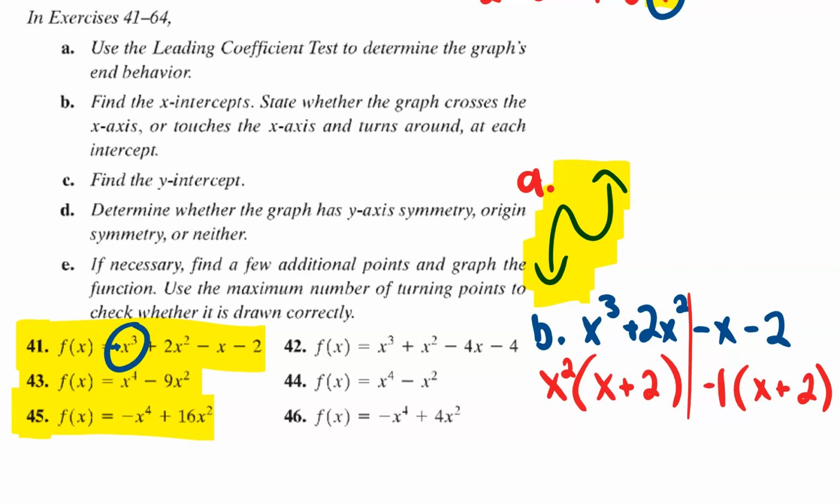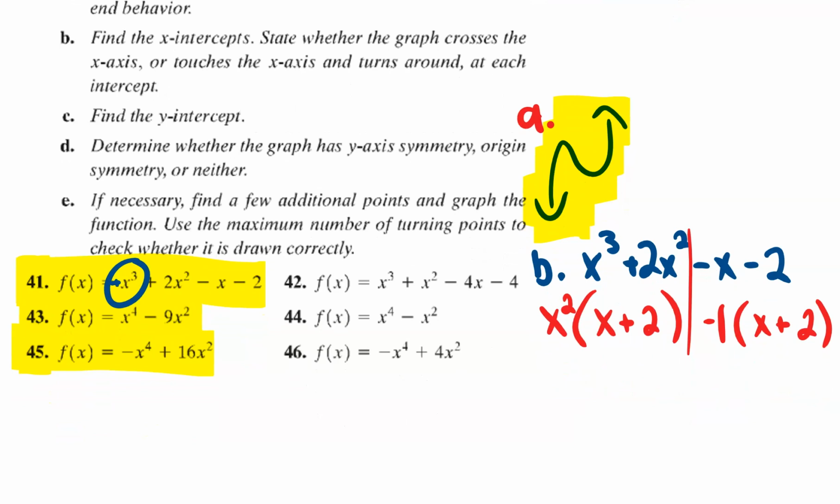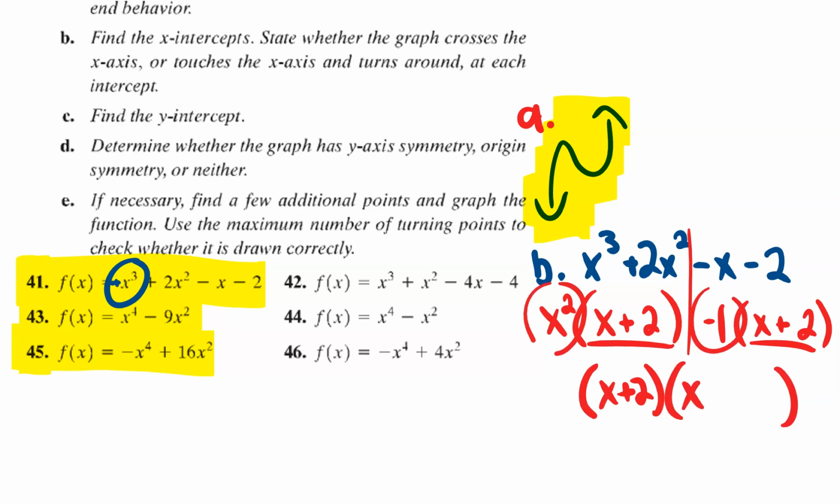And then the thing that I have 2 of, sorry, my pen stopped working. Oops, there we go. All right, the thing that I have 2 of, this x plus 2, becomes one of my factors. And then my other factor is the things left over, the x squared minus 1.